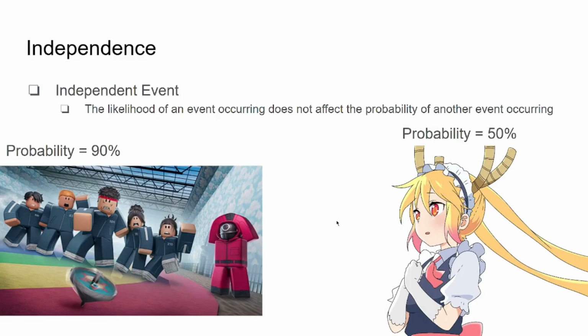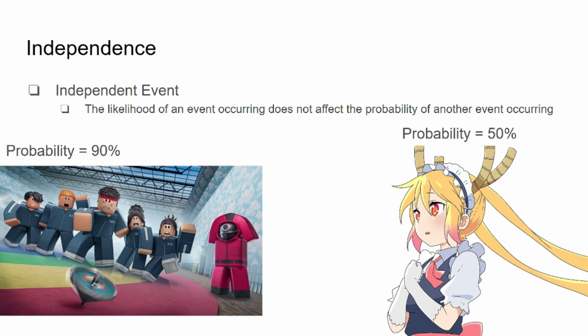As you can see from the slide, it's pretty similar for independent events. But why is that important? We can calculate the probability of two independent events occurring simultaneously by just taking the product of their individual probabilities. Assuming both events are independent, the probability of me smashing Tohru is 50% and the probability of me destroying kids in Roblox is 90%.